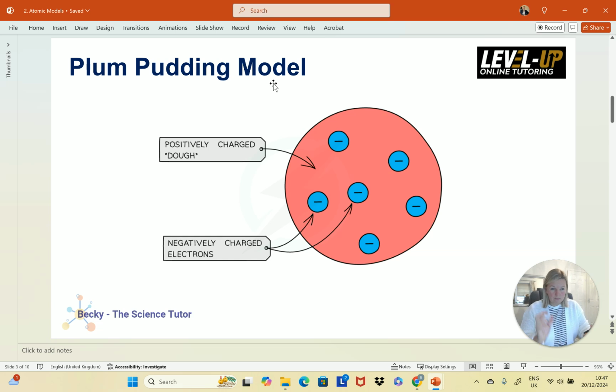Okay, so indivisible objects. What happened then is that J.J. Thomson, so I'll write his name down for you. So the scientist was J.J. Thomson. And we don't need to know what he was doing in his lab, but he discovered electrons.